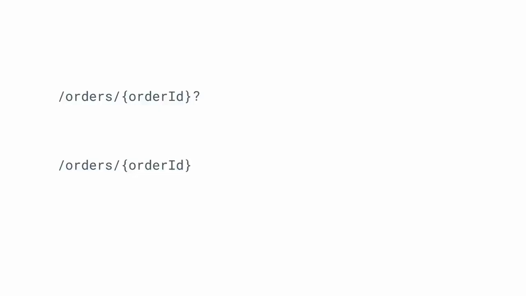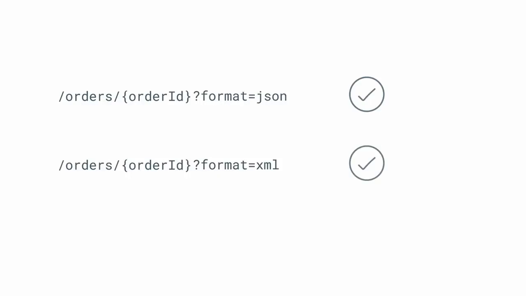To solve this problem, you should accept the expected data format as a query string parameter. So, if you want the output in a JSON format, you can add ?format=json to the API endpoint. And for XML, you can use ?format=xml at the end.